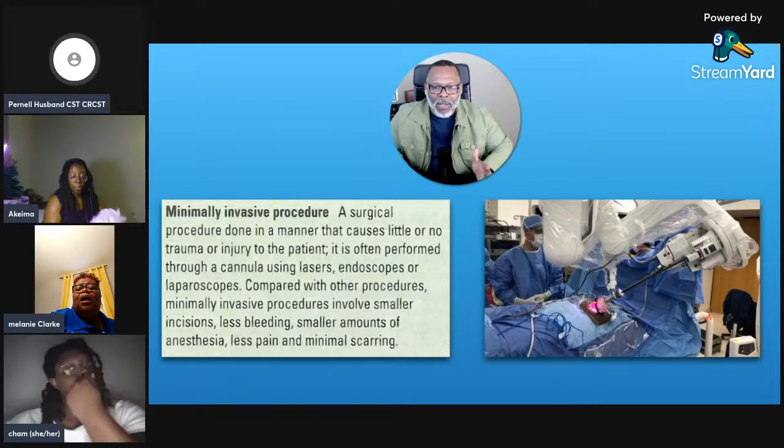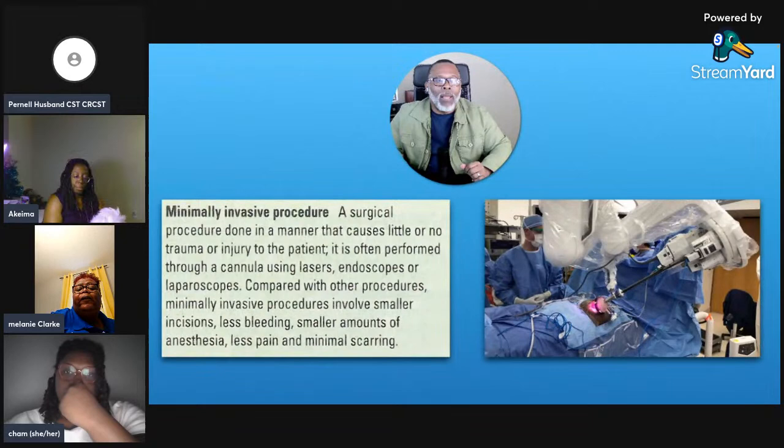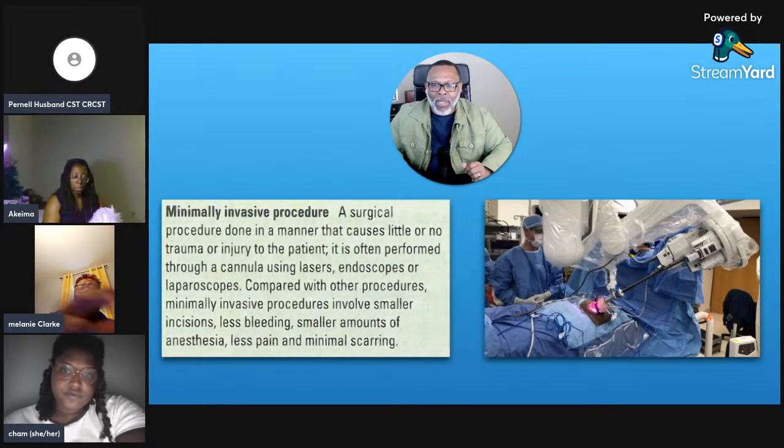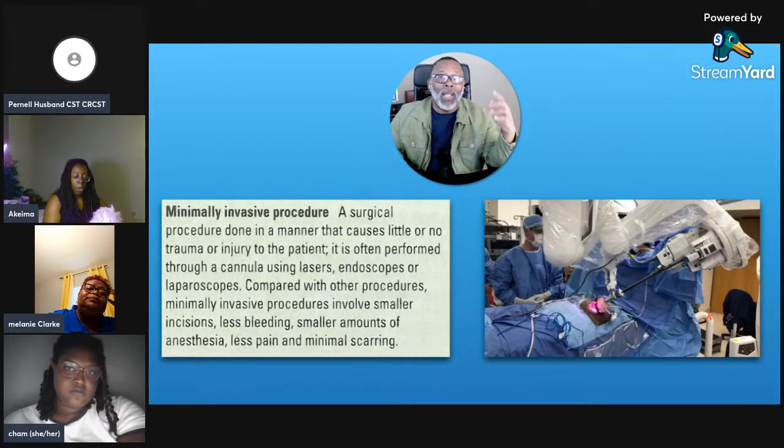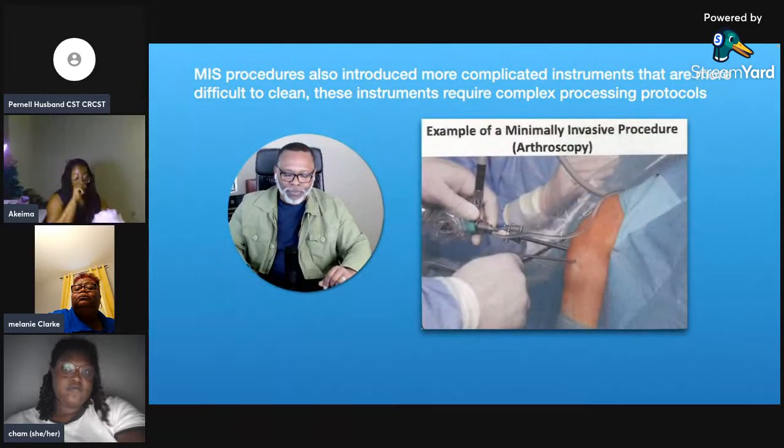This is a definition that you can look at in your text of what a minimally invasive procedure is. And I did send you guys a copy of the textbook. I encourage you, when you get time, to read the chapters ahead of the lectures, so that when we start doing this, it sort of flows.